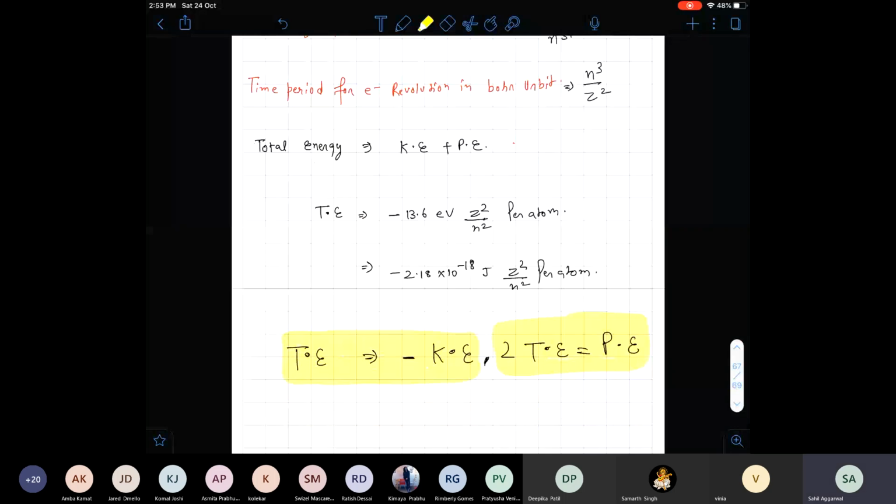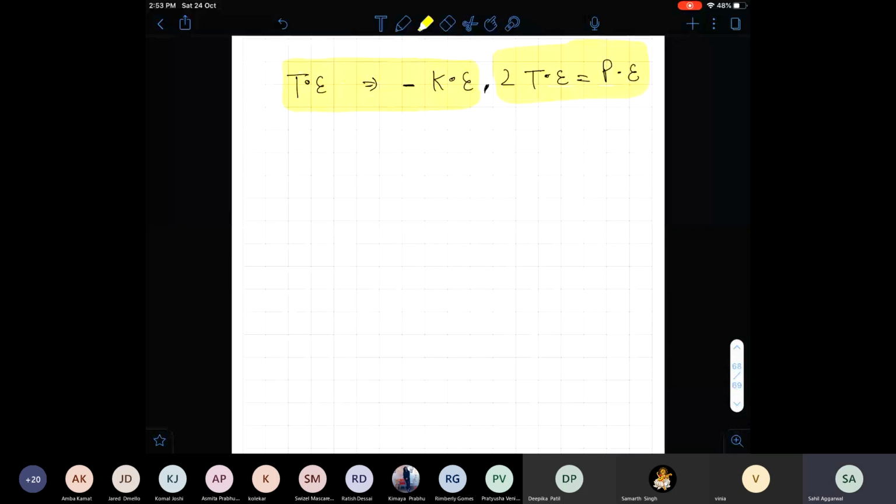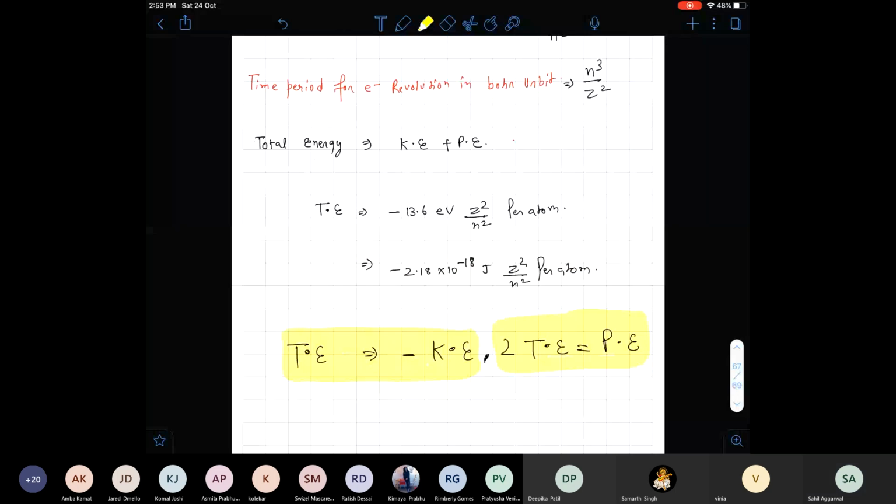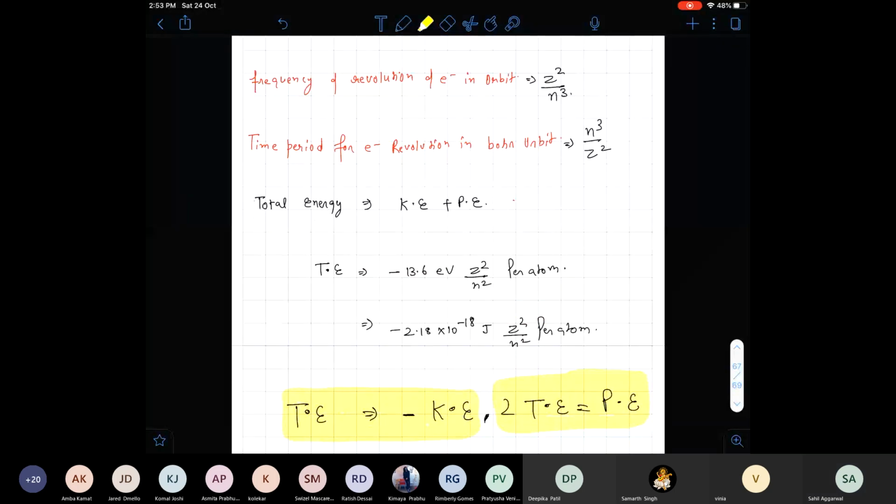All of you written till relation of kinetic energy and potential energy? All of you written till potential energy? ठीक है.